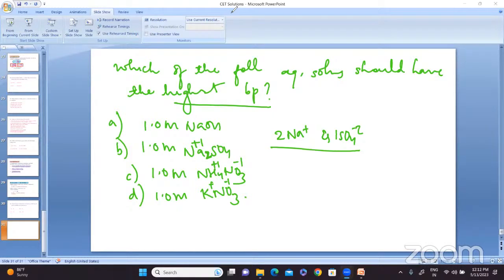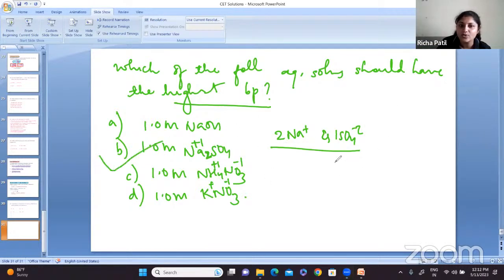In D, 1 K plus and 1 NO3 minus, again 2 ions. So in case of B there are 3 ions. The colligative property depends upon the number of ions present, so the more the number of ions, the higher the boiling point. So the answer is B.